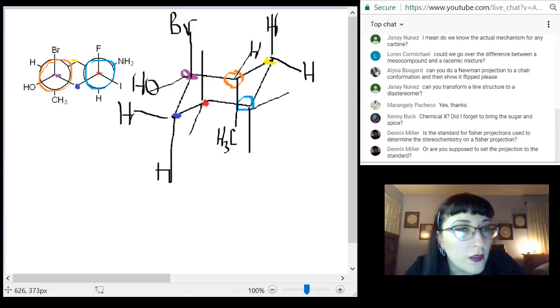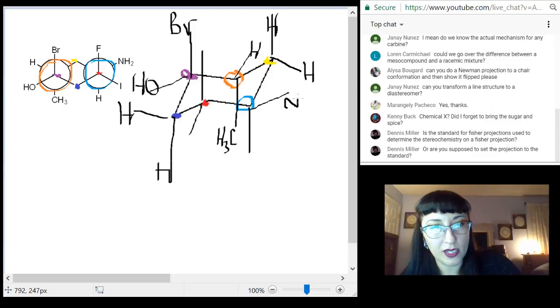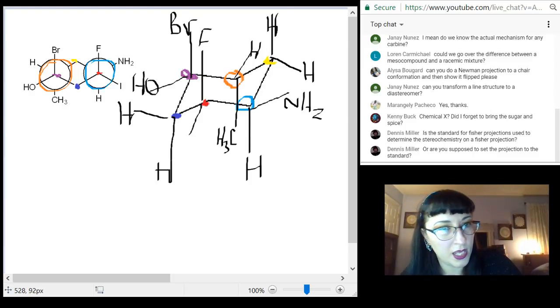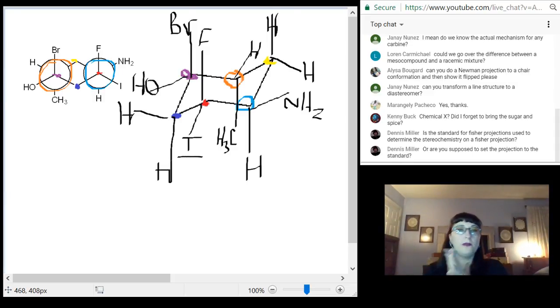The turquoise one, the one that's pointing behind, has a hydrogen and an amine on it. The amine's pointing up. There we go. And then the red one has a fluorine pointing up and an iodine, because I just went the whole gamut and made all kinds of stuff. Okay? So that is how you can look at a cyclohexane Newman projection and convert that to a chair conformation.